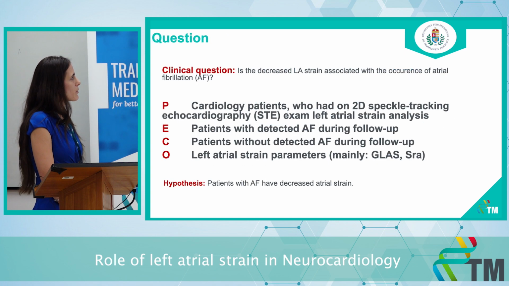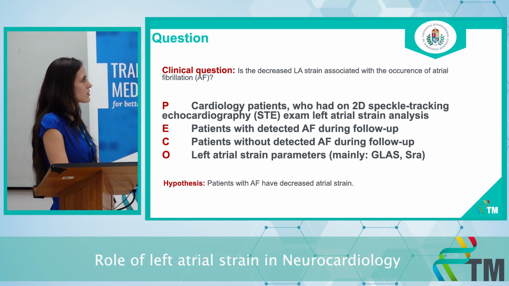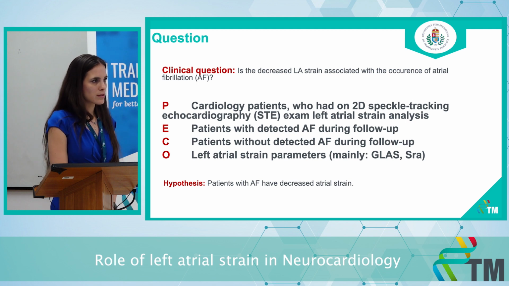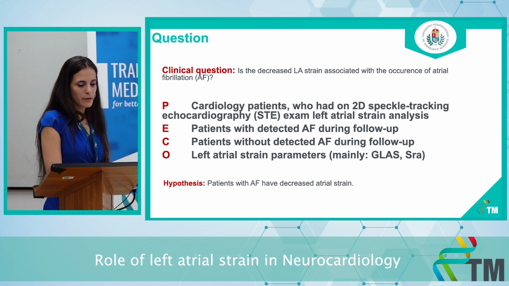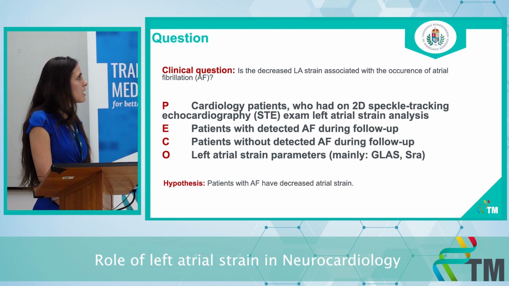Here you can see my PICO framework. Our question was, is decreased left atrial strain associated with the occurrence of atrial fibrillation? We examined patients in the cardiology unit who had a 2-dimensional speckle tracking echocardiography exam with left atrial strain analysis. We compared those who were detected with atrial fibrillation during follow-up and those who did not develop this arrhythmia.